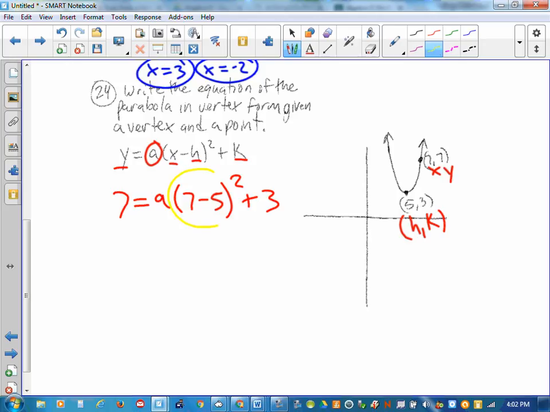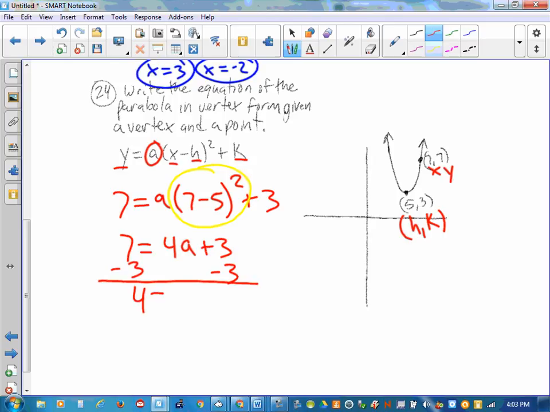I made a video about just this topic. Make sure you do this first. That has to be done first, otherwise it'll mess it up and be multiplied times a. So 7 is equal to 7 minus 5 is 2. 2 squared is 4. So it'd be 4a plus 3. Now it solves like a regular algebra problem. Subtract the 3 over. So you get 4 is equal to 4a.